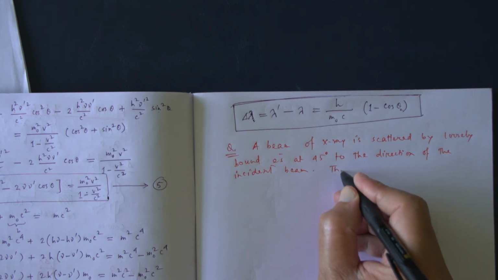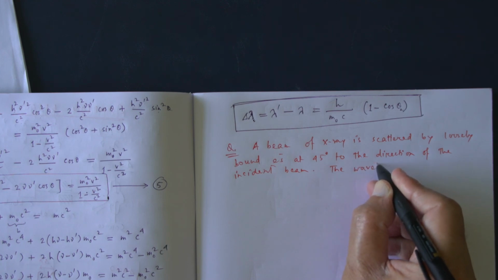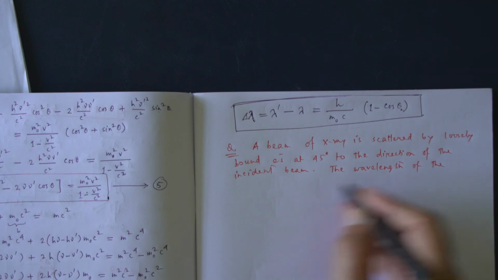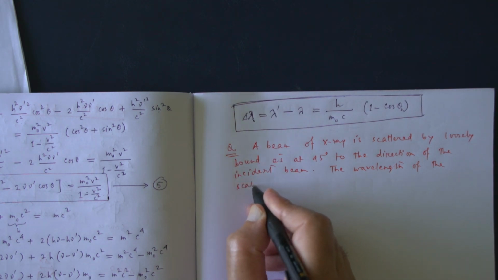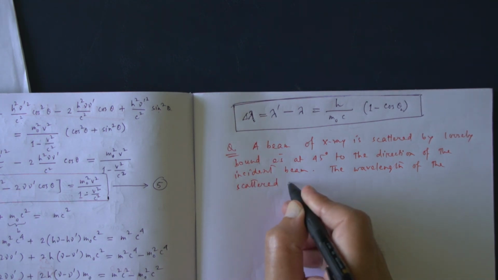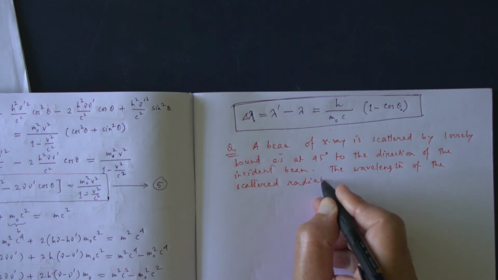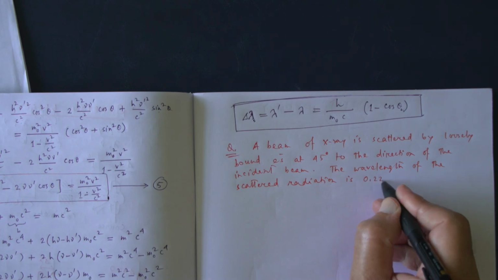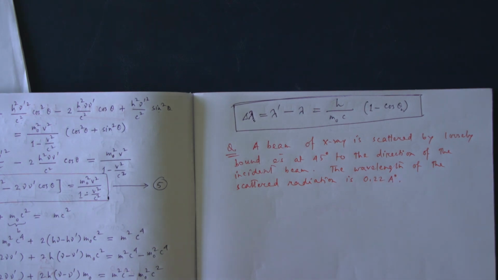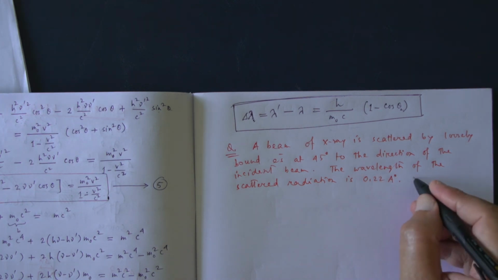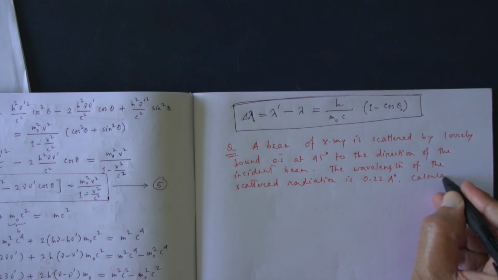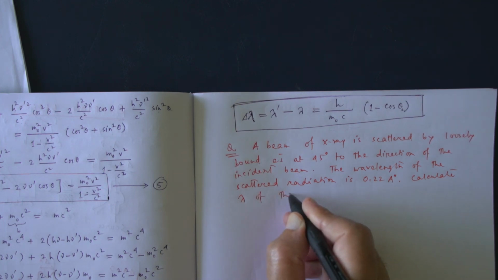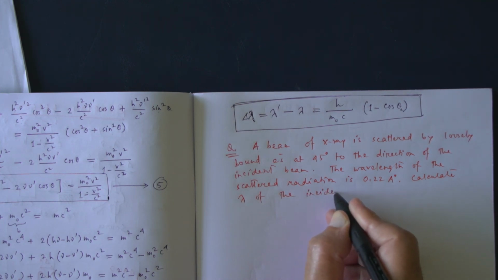The wavelength of the scattered radiation is 0.22 angstrom. Calculate the wavelength of the incident radiation.